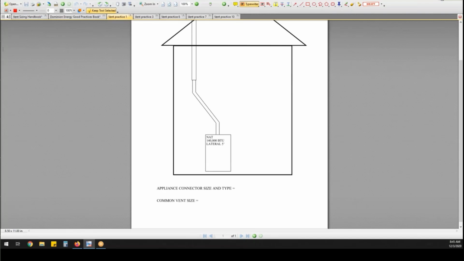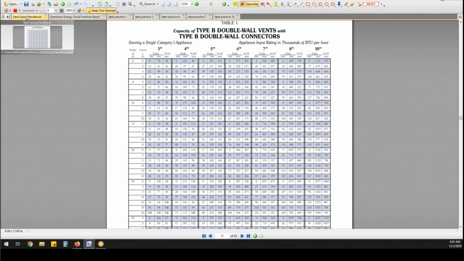So I'm going to go over to the sizing tables. And the first thing I'm going to do is, let's see if we can do this with double wall. It should always work with double wall. We could spend less money if we did it with single wall connectors, because double wall connectors are expensive. But let's start here and see what we need with double wall.